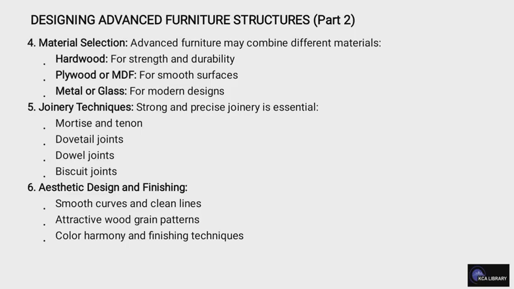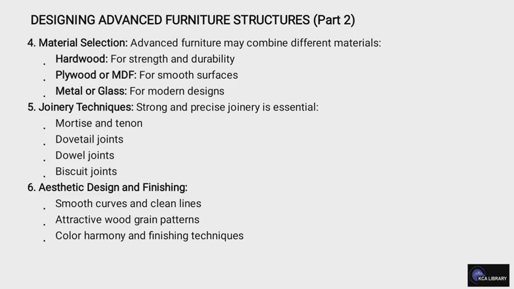You also have material selection, and under this, advanced furniture may combine different materials, including hardwood, plywood, and metal or glass. Metal or glass brings a modern design taste into it. The next is joinery techniques.